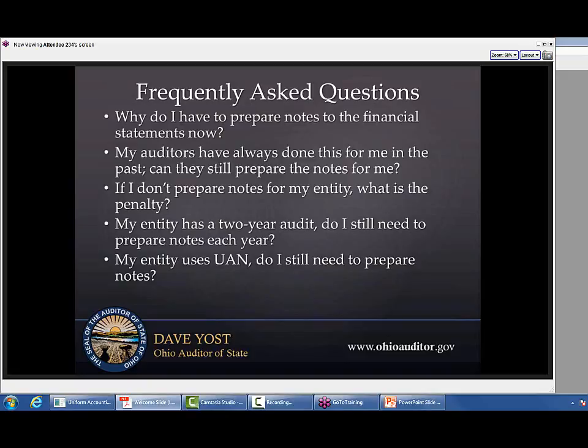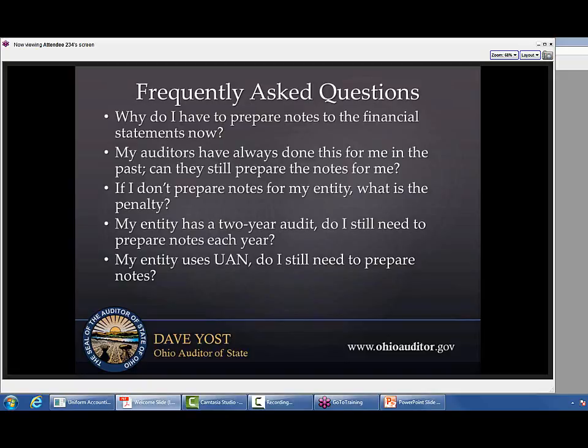Question number 2. The auditors have always prepared my notes in the past. Are they still able to do so? The answer is yes, they are still allowed to prepare the notes via a non-audit service contract. However, these notes have to be prepared by the end of February.